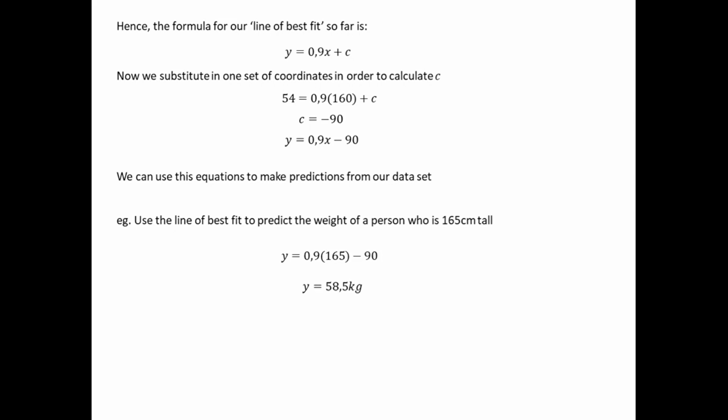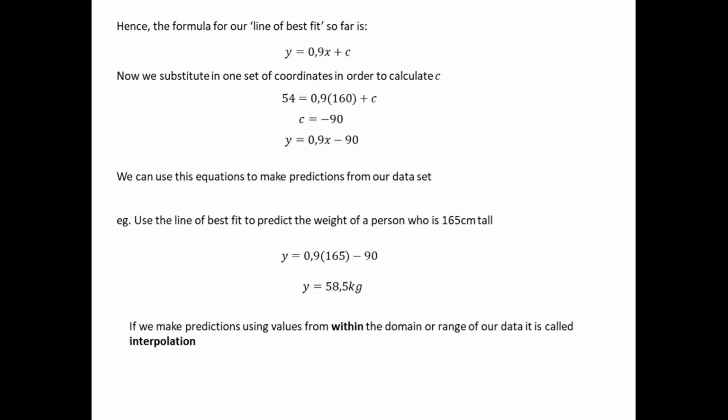So what we have done is we've said, using our set of data, a person who is 165 centimeters tall, we can predict that their weight would be somewhere around 58,5 kilograms. Again, this is not an exact science, but it does give us a ballpark figure to go on. That should people be conforming to the pattern that we've observed in our data, then a person who's 165 centimeters tall should be approximately 58,5 kilograms in weight.